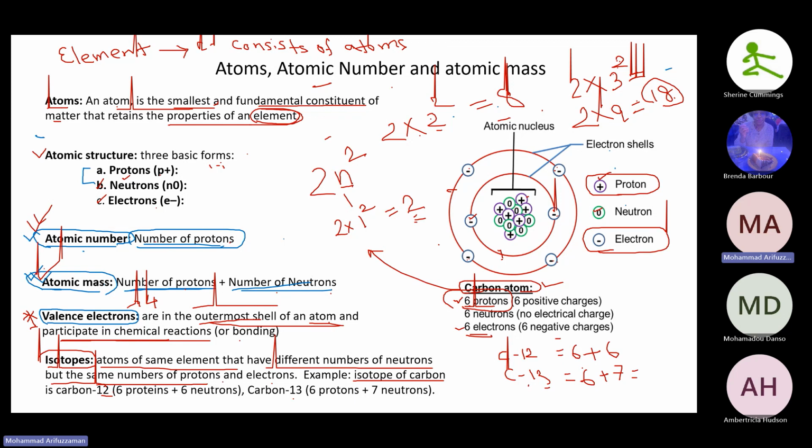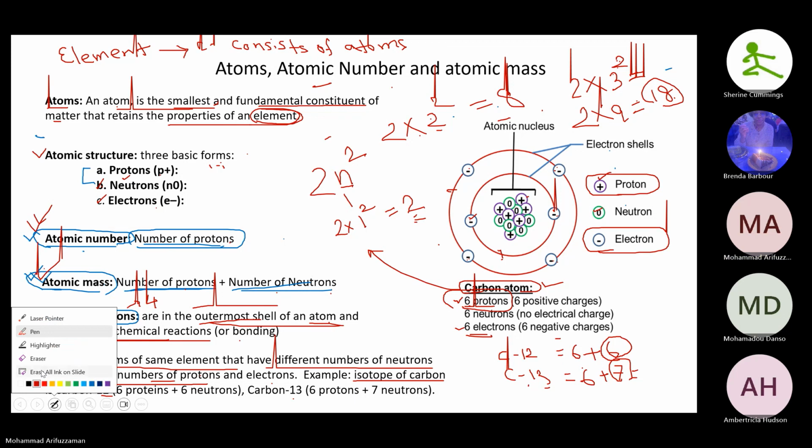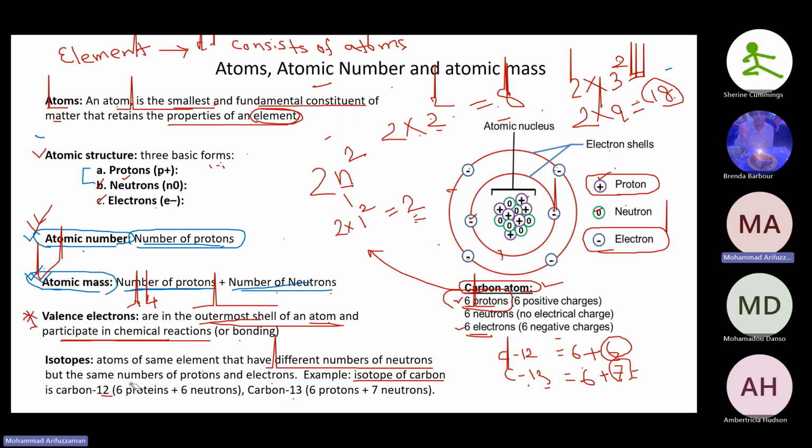So what is an isotope? Atoms of the same element have a different number of neutrons. You can see the carbon may carry 6 or 7 neutrons, but the same number of protons; these are called isotopes. Isotopes are the atoms of the same element which carry a different number of neutrons, but the same number of protons.